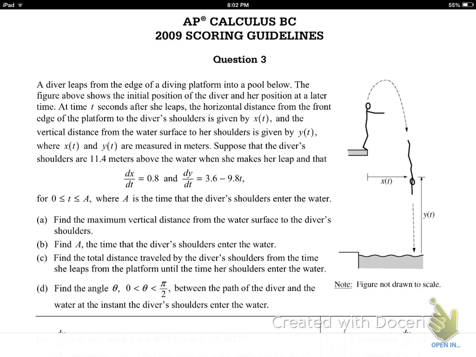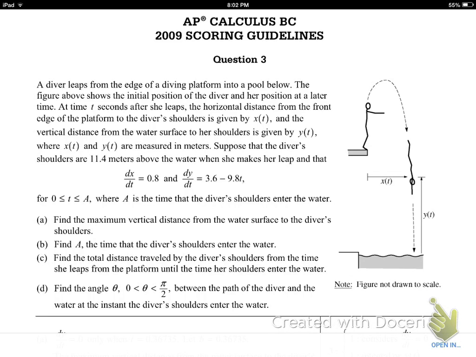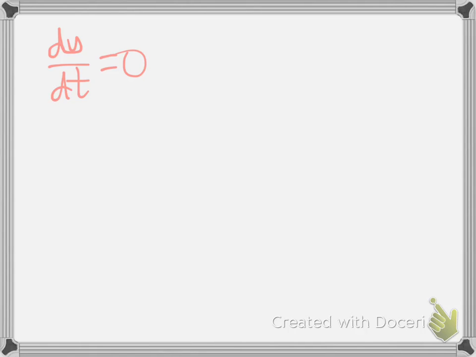You should recall from the AB class that we want to take the derivative of y and set it equal to 0. So we want to figure out when dy/dt is equal to 0. They gave us dy/dt, so that's 3.6 minus 9.8t.